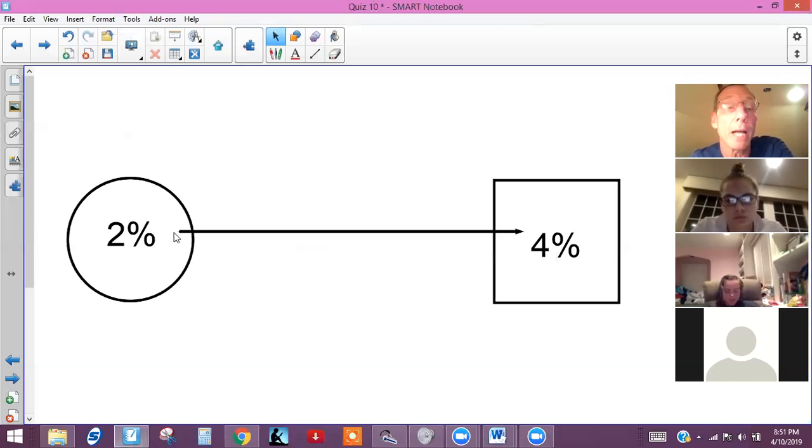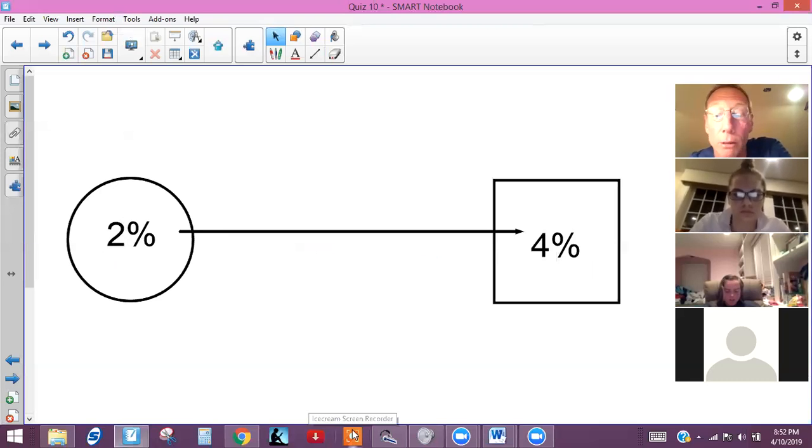The bottom line here is that capital is going to flow from the lower interest rate to the higher, and eventually this interest rate right here is going to drop, and this interest rate right here is going to go up. There's a reason that I could explain, but right now my brain's not working, but that's okay.